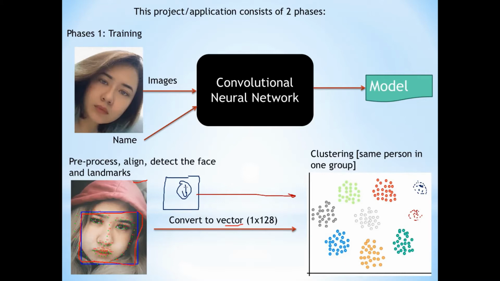So this is the clustering, where the neural network groups all the information of the same person in one place. You see this? Every new person will be clustered in one place, different from the others, so that they cannot be mixed together.